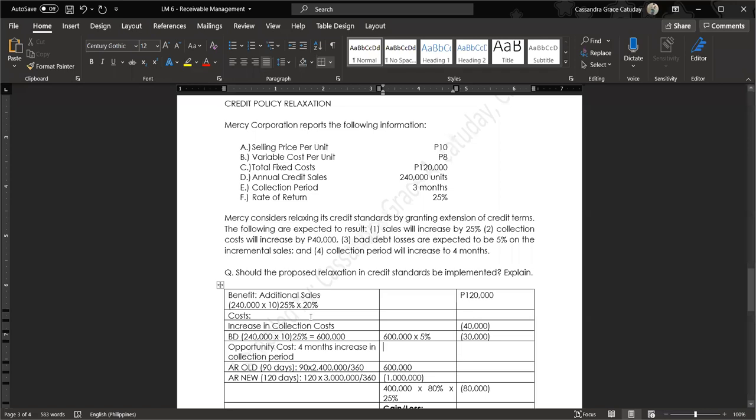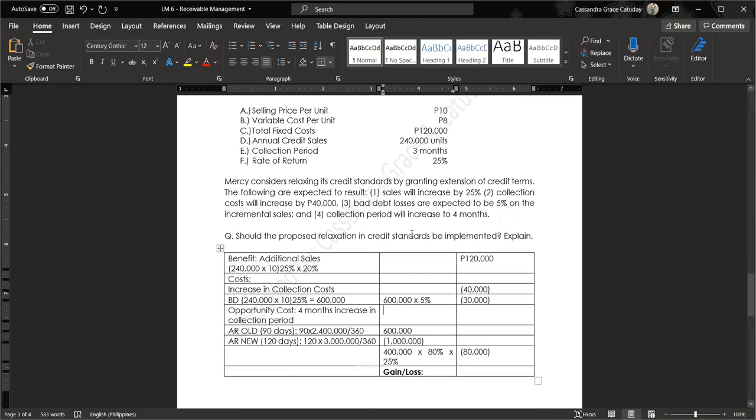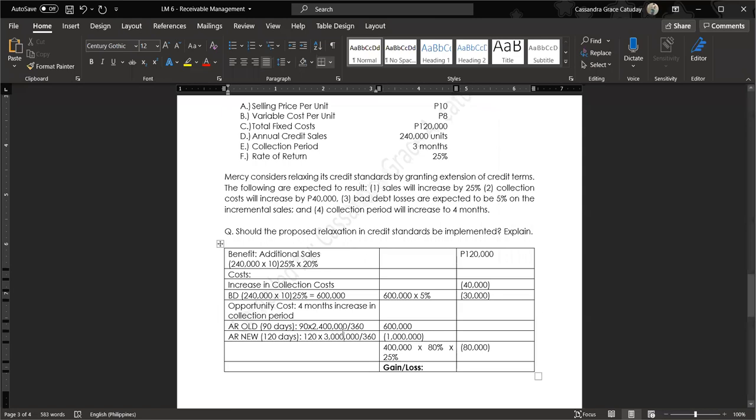For the last expected result, collection period will increase to 4 months. When the collection period increases, it has a negative connotation because it means we will take longer to collect. In those 4 months, instead of putting the money in the bank, we can do nothing but wait for the customer's payment. So in that case, we compute the negative amount. Our old AR is 90 days.